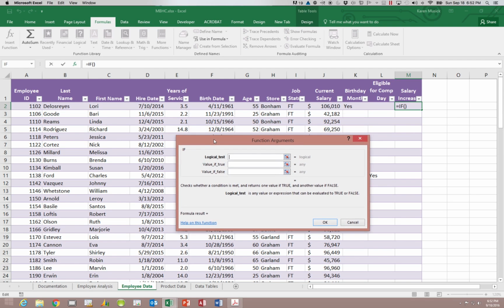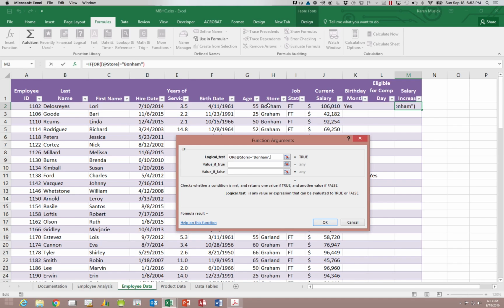And I'm going to type or as the very first thing in that box and open a parenthesis. Now you're going to remember later you have to close it in that same box. So we're going to say if the store is equal to, and in quotes, we're going to put BONHAM. That's our first test, and then a comma.